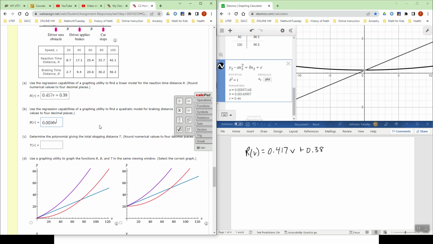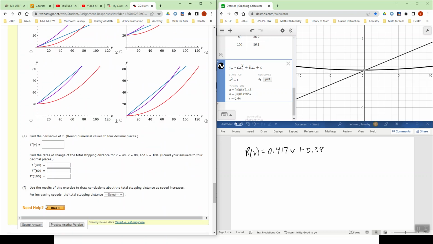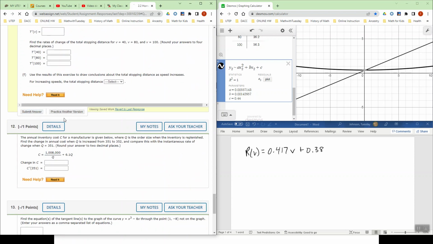Use the appropriate variable also. Make sure you match up your variable. I almost used an x. It would have told me I was wrong. I would have been upset. Then 0.0014 V plus 0.44.